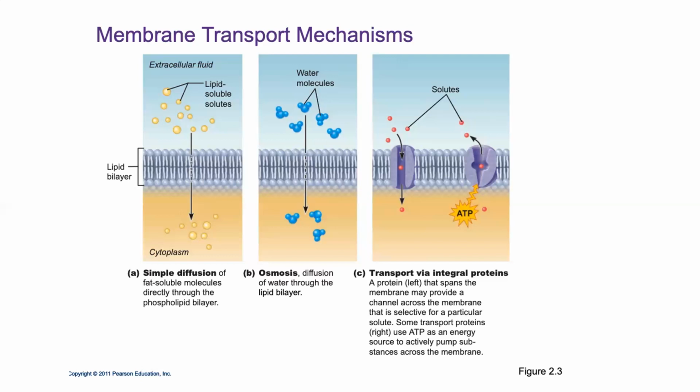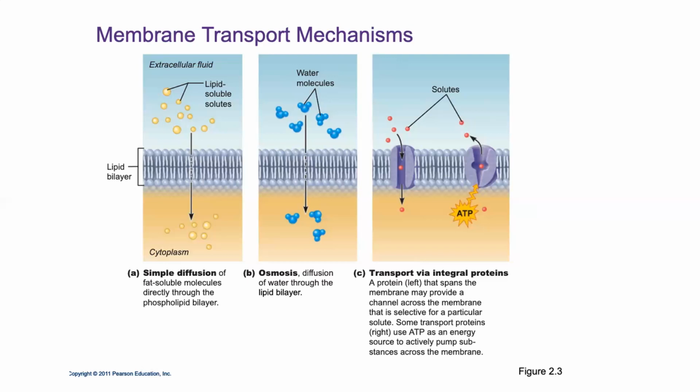Another mechanism is osmosis. By osmosis, water molecules just diffuse through the lipid bilayer. It's not a lot, just a fraction. And the number three way of transport is through the integral protein.